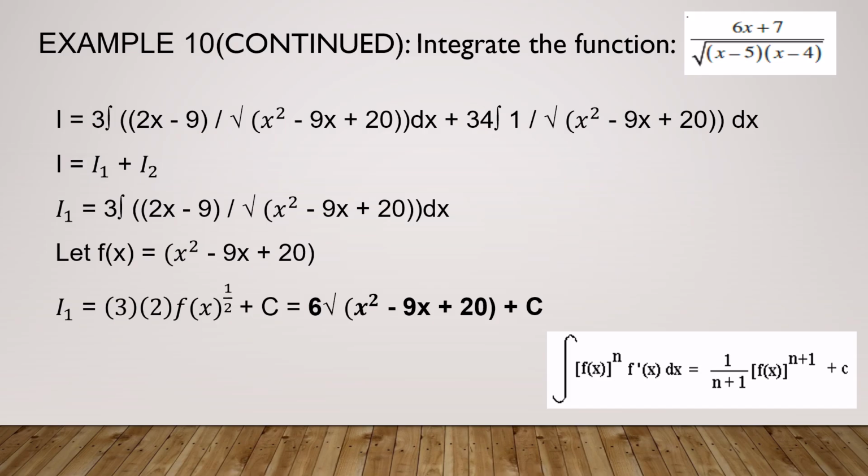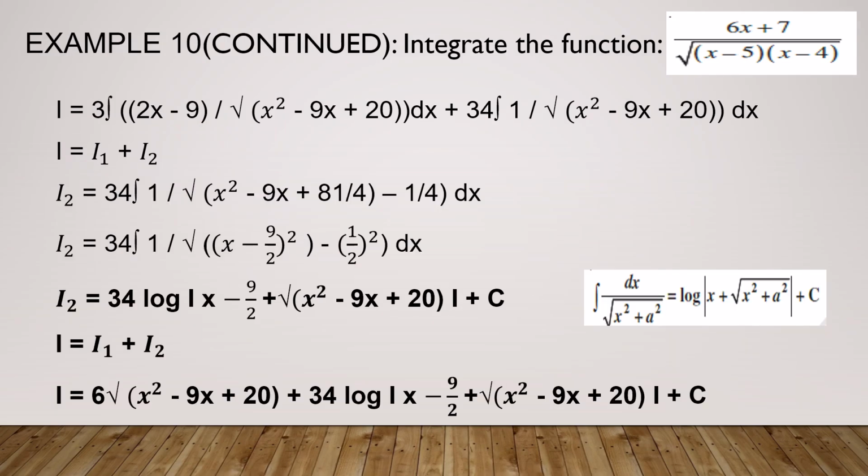As we saw previously, you can either use the substitution method or you can use f(x) raised to n into f dash of x. Here your f(x) is x square minus 9x plus 20 and it is raised to minus half. So it is 3 upon half, which is 3 into 2 into f(x) raised to half, meaning it is 6 into root of x square minus 9x plus 20 plus constant c.